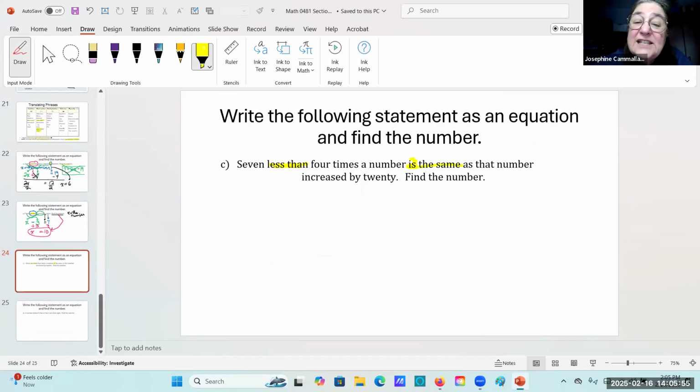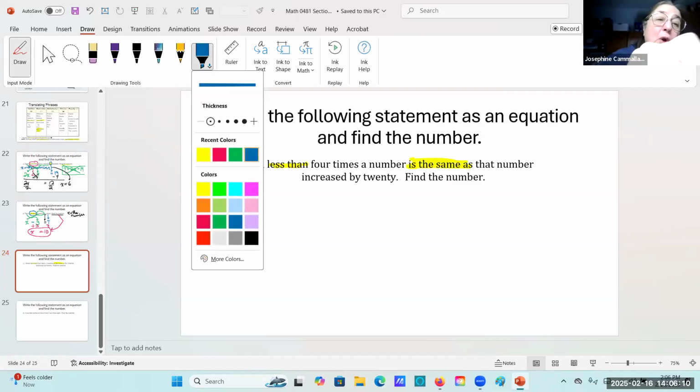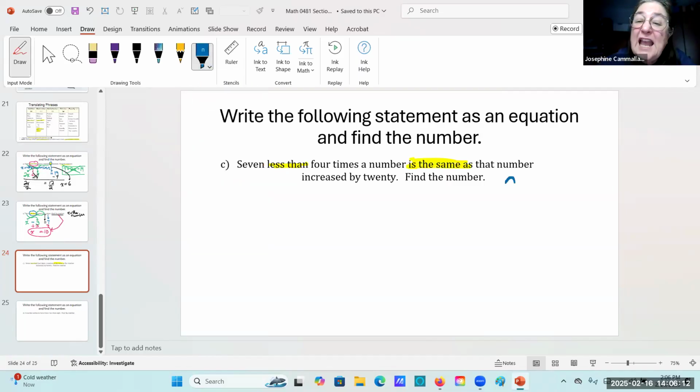Now, "is the same as" is a phrase that's going to be our equal sign. That number increased by 20. Find the number, which means we're going to say X is equal to the number.